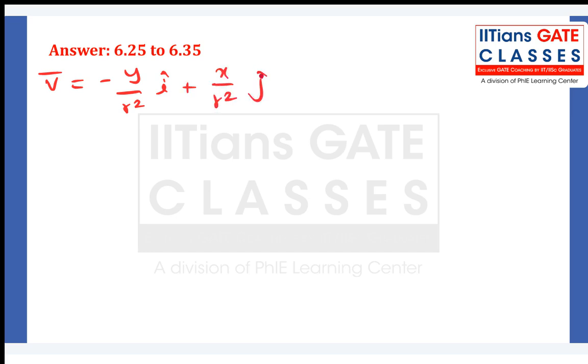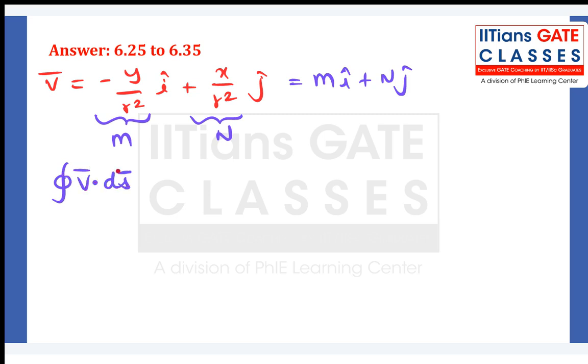So in Green's theorem, what do you basically do? You consider this as some function, let's say m, and this as some function n, and then basically you're writing this as m i plus n j. And your objective here is to evaluate this integral v dot ds along some closed contour.